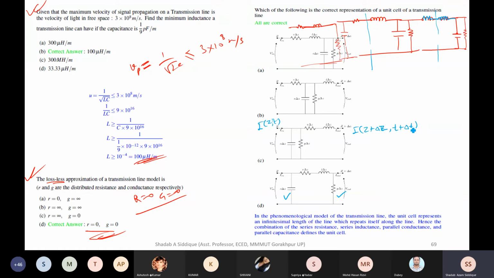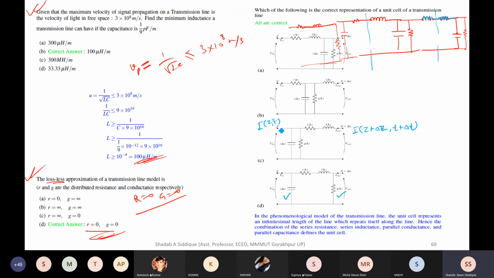We can ignore Δt also because it will be very small, because in this unit cell the travel time of the wave from this position to this position will be very small. So Δt is very small because Δz is already a very small value. In the analysis, we were using the limit Δz tending to 0. It is a very small value.